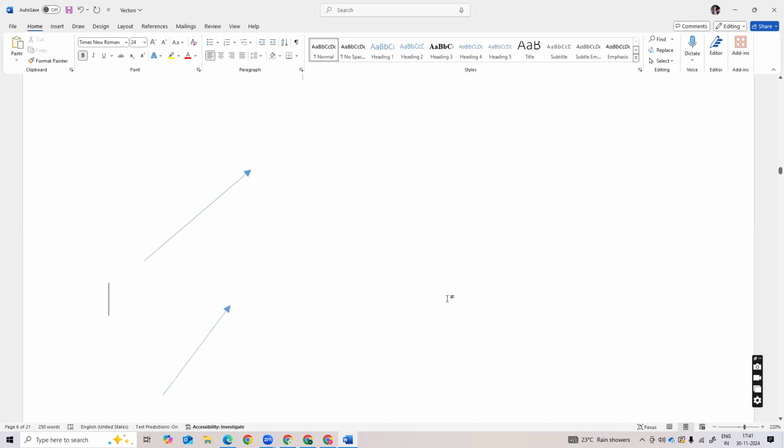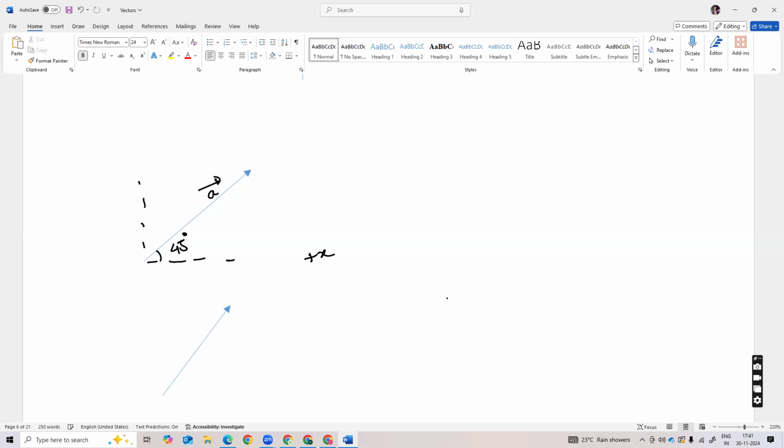So you should have some understanding of mathematics before you start learning physics. So let's say we have this vector. This is vector A, and it is making angle 45 degree with the positive x-axis.